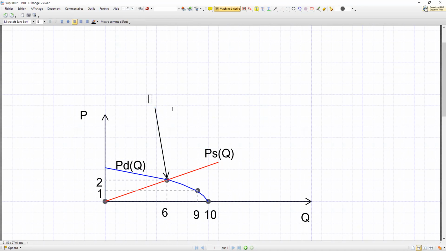So that's Q star, P star. Oh, yeah, all right. Questions about this? So that's the kind of thing that you may have to do. So you indicate what's there, what are the interesting numbers.